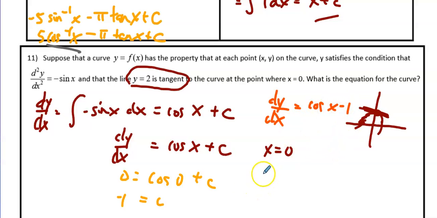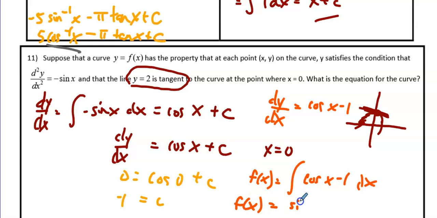And now to get to the actual function itself, what is f of x? We're going to integrate our derivative, right? And so when we integrate cosine, again, we could go back and look at the chart that we just had right here if we wanted to. But it's just going to be sine of x and then minus x plus c, right?